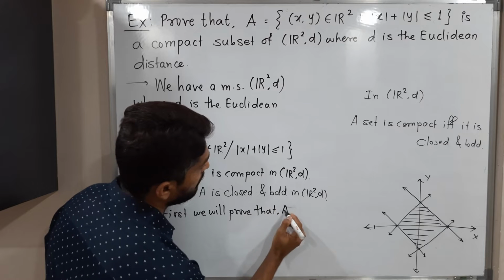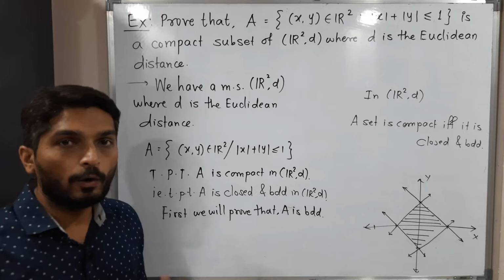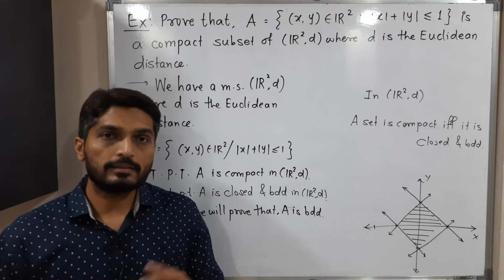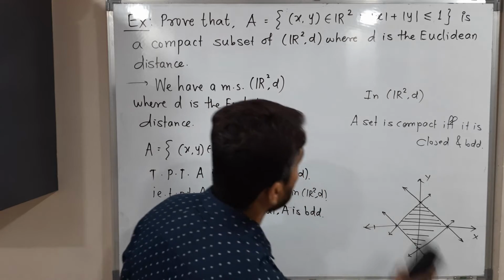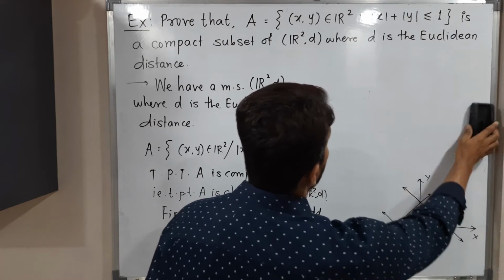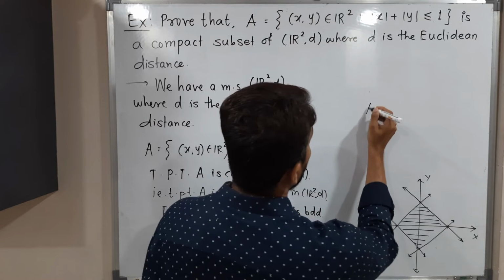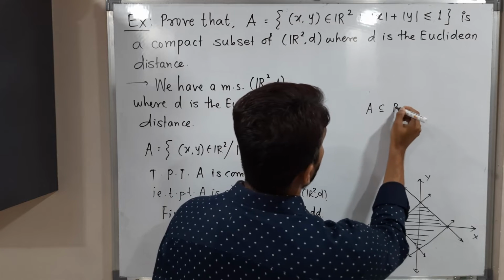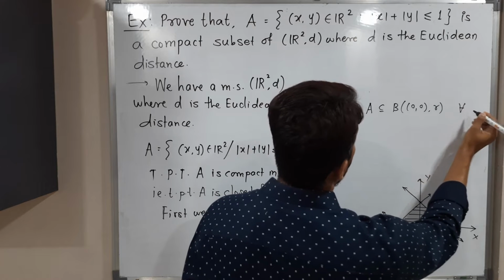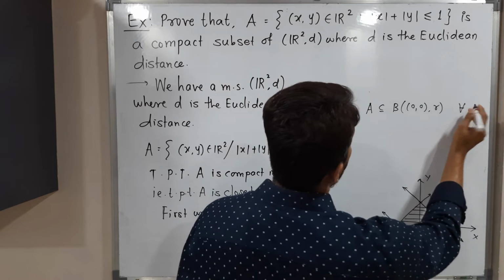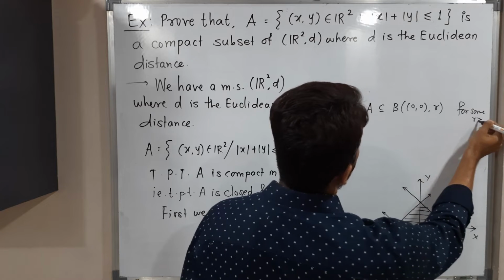Now the question is how to prove the set is bounded. There are different techniques. The first technique, let me remove this part. We can prove A is a subset of some ball with center (0, 0) and radius r, for some r > 0.